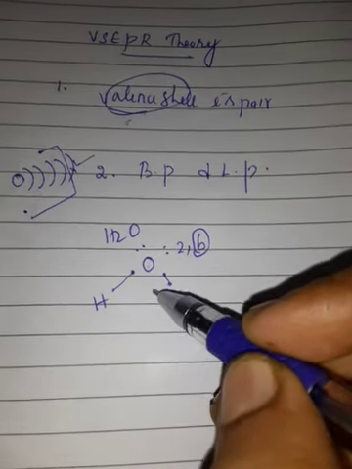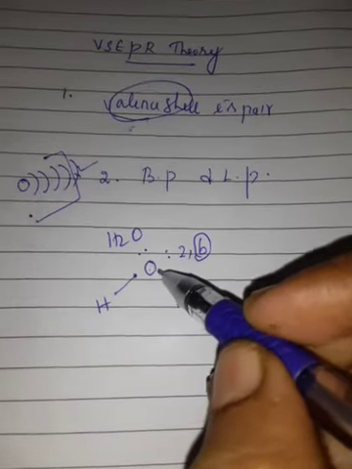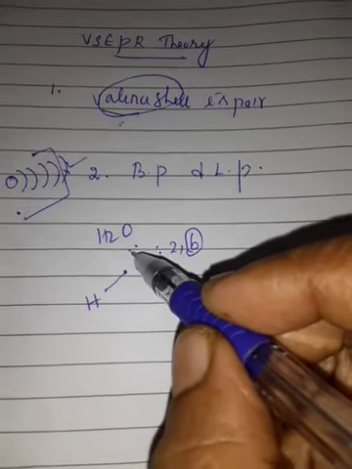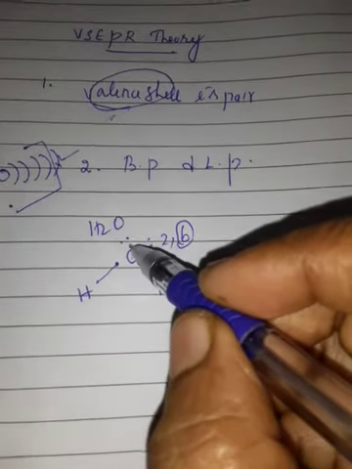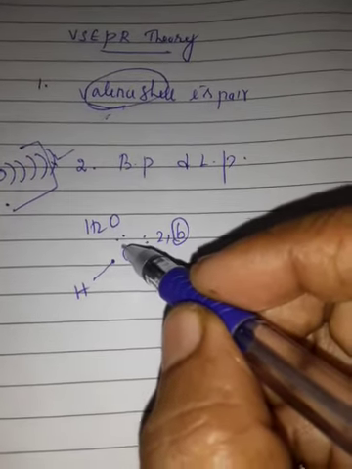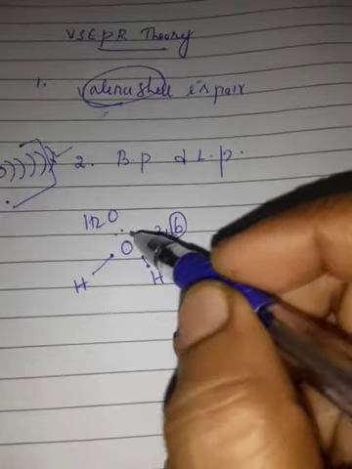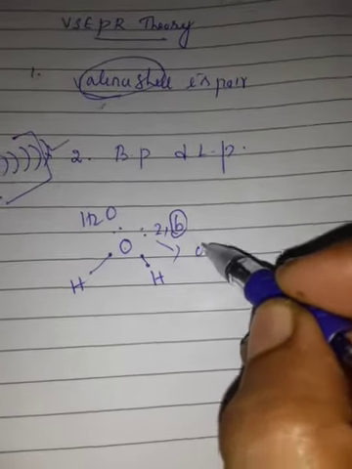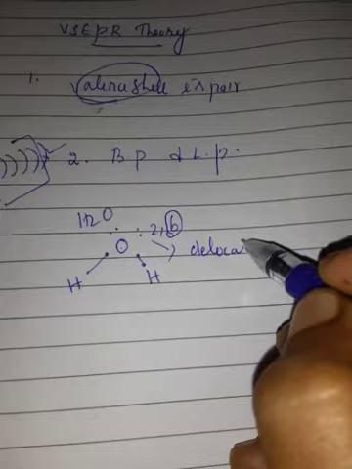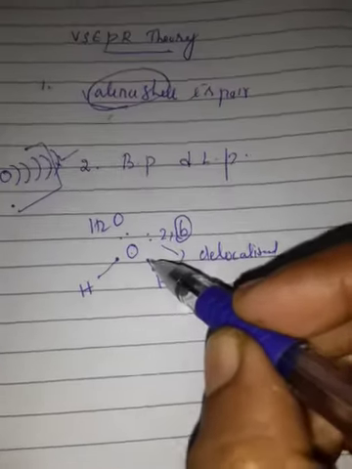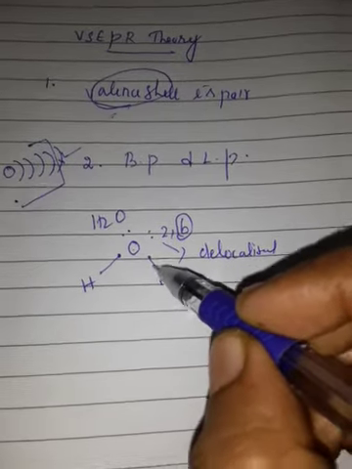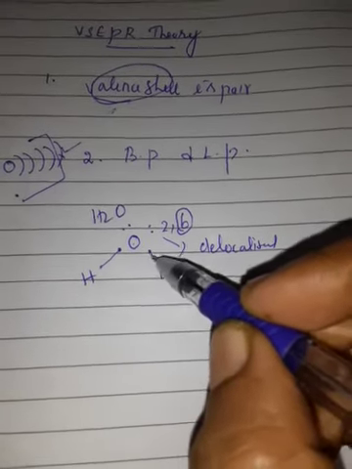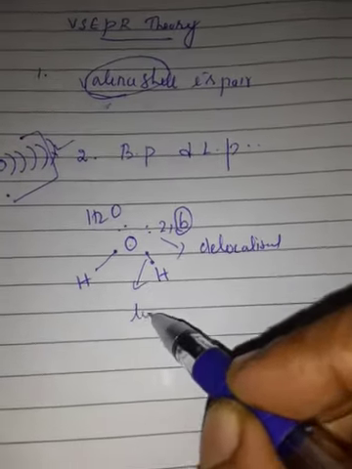Such pairs are called lone pairs. These are bond pairs. Usually, the lone pairs are said to be delocalized. Delocalized means they are free to move; they are not tightly held. But the bond pair, which is involved in bonding, is held tightly between the two atoms, so it is localized.